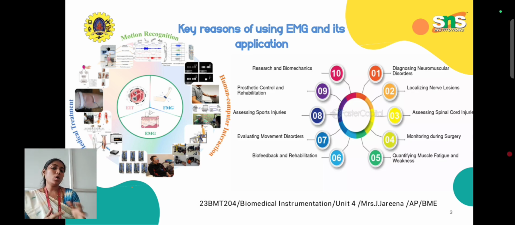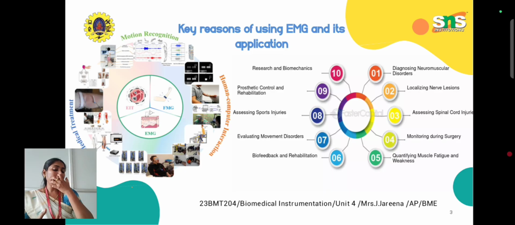Not only this, we have so many applications. You can quantify muscle strength and weakness by analyzing the fatigue characteristics with the help of EMG. You can also design many prosthetic assist devices, like artificial hands, artificial limbs or prosthetic arms, to support amputees with the help of EMG signals.